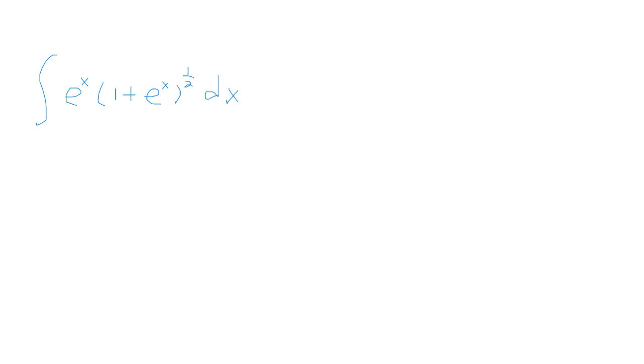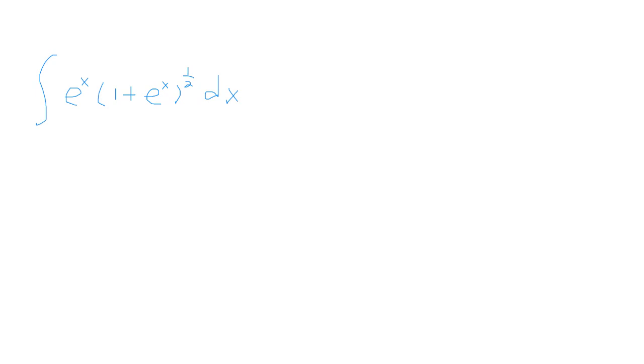So we said, okay, let u be 1 plus e raised by x. Then we can rewrite e raised by x equals u minus 1, because the outside we have e raised by x, so we have to be able to substitute that into the u term too.